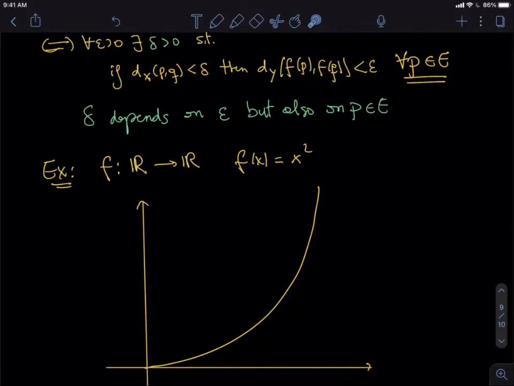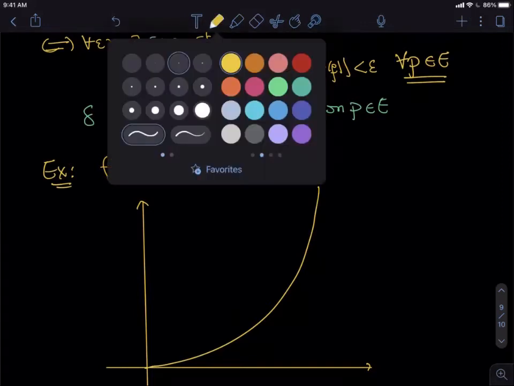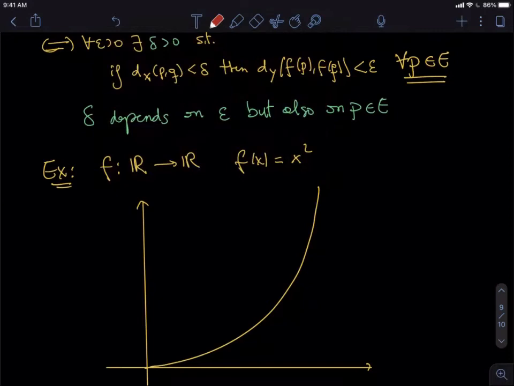So that means that if we fix epsilon, let's use a different color. Let's say this is our epsilon. Okay. And we have the 2 points f of P and f of Q within epsilon of each other.